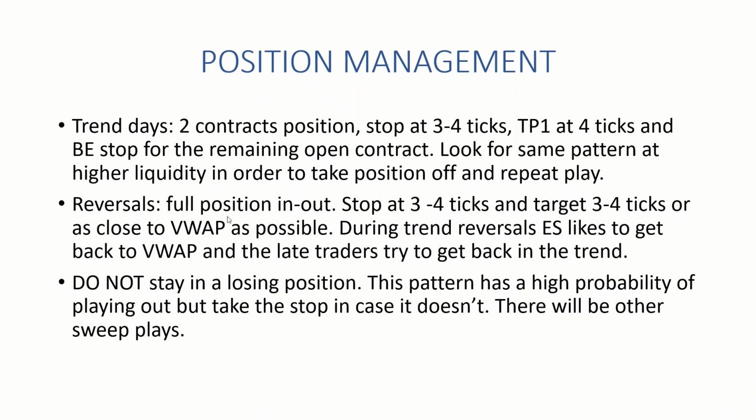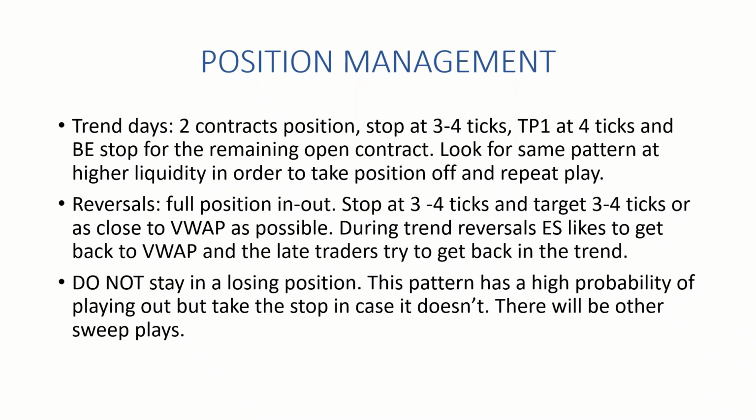Okay, while on reversal patterns, so like from downtrend coming back up, or after uptrends coming back down, keep again the stop at 3 to 4 ticks, and just get the full position in and out. Don't look for a runner. You could get a runner.